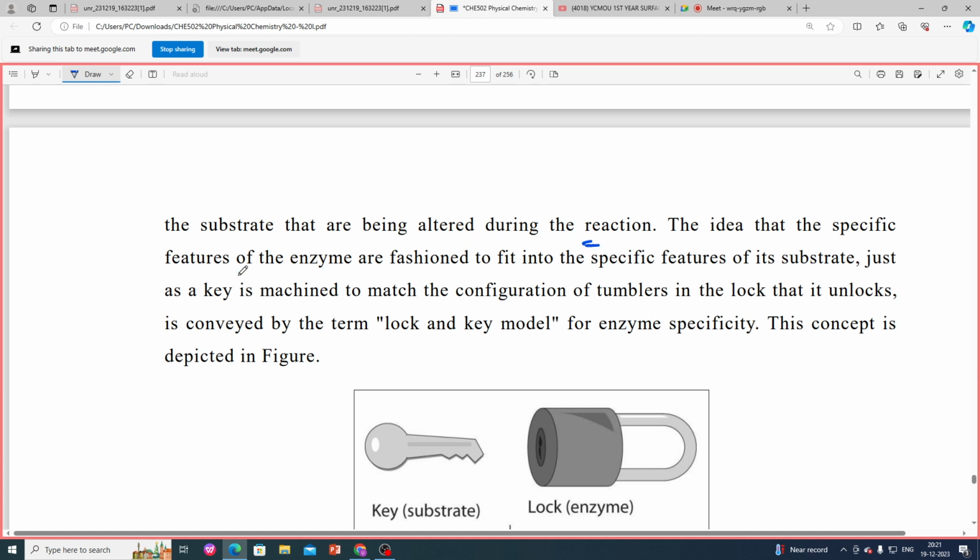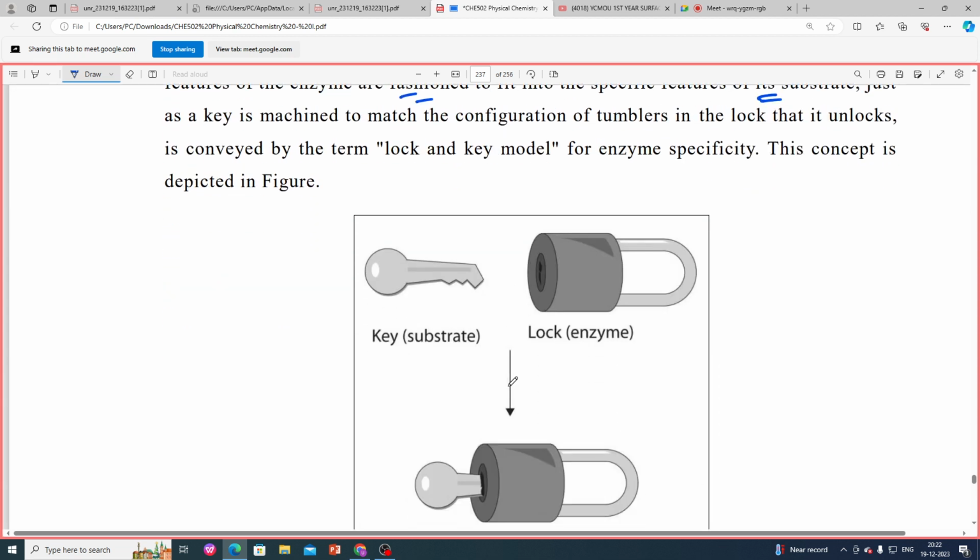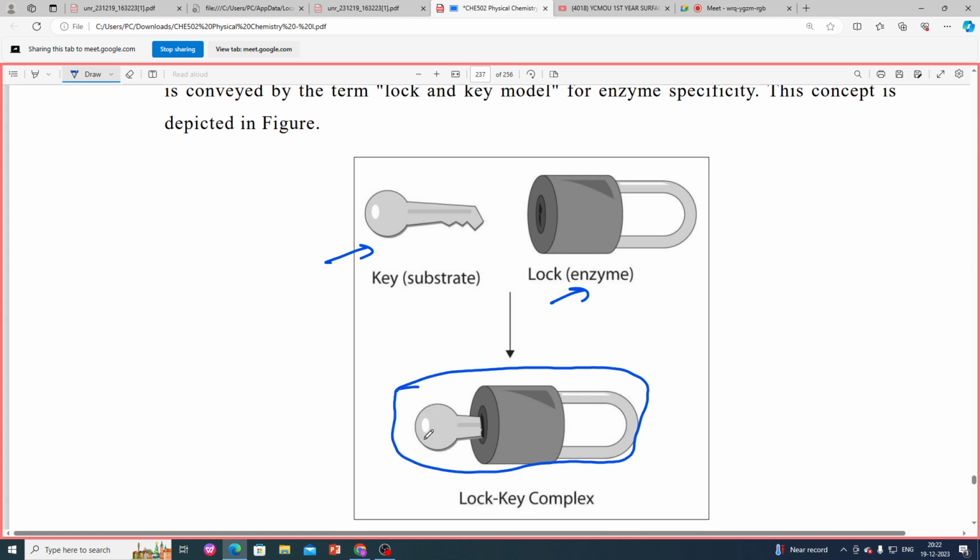The idea that specific features of the enzyme fit into the specific features of its substrate is just like a key and lock model. Okay, so here is the key and lock model. These are the substrate and these are the enzyme. Okay, and if they are fitted, they form a complex. And we all know that the lock and key are a unique model.